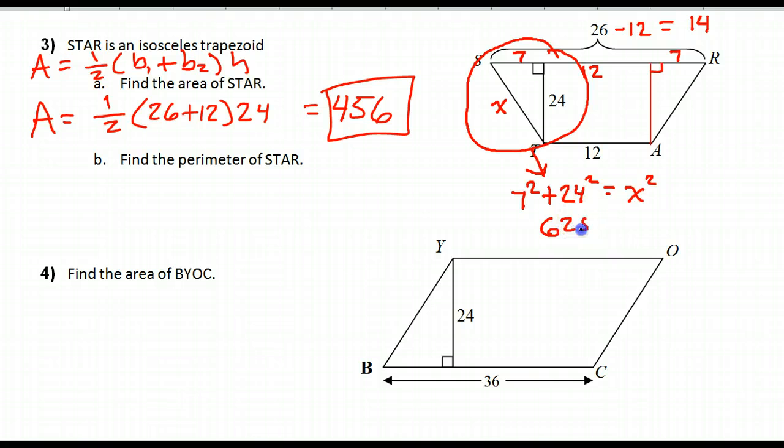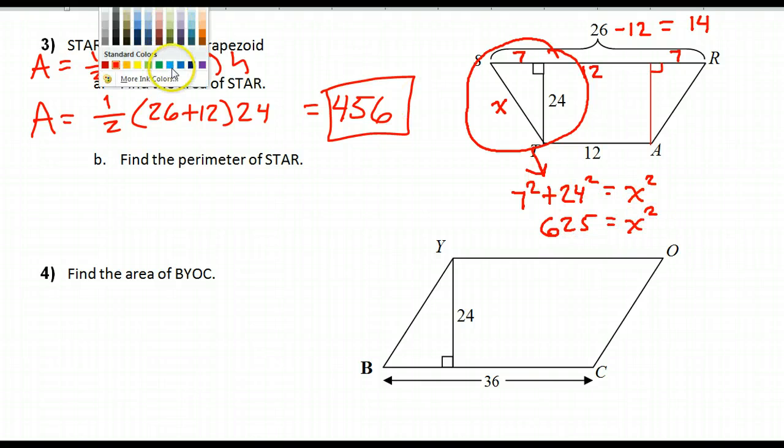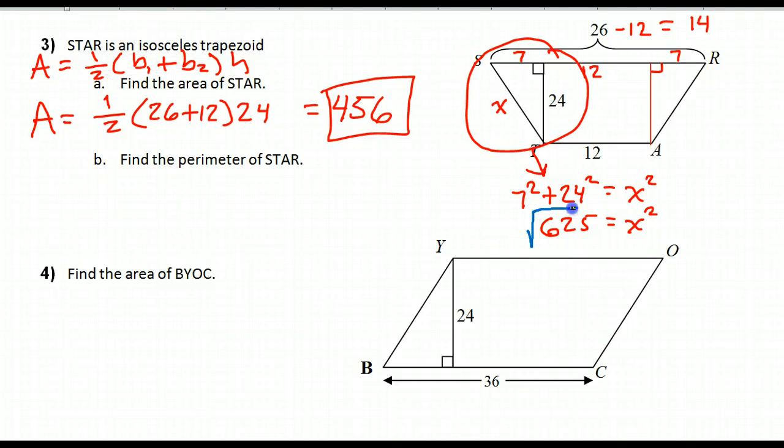So 625 is equal to x squared. Take the square root of both sides and you get x equals 25.